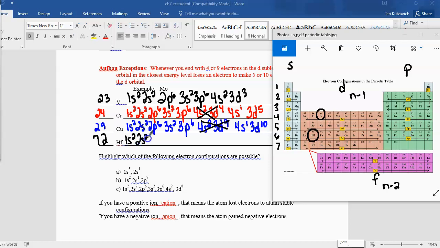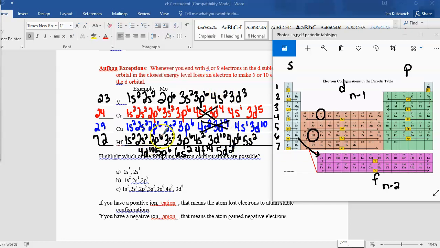1s2, 2s2, 2p6, 3s2, 3p6, 4s2, 3d10, 4p6, 5s2. I'm going to start writing them down here. 4d10, 5p6, 6s2, and then after the 6s2, remember you go right down here to these 4f14s. So it's 6s2, 4f14, and then 5d2.